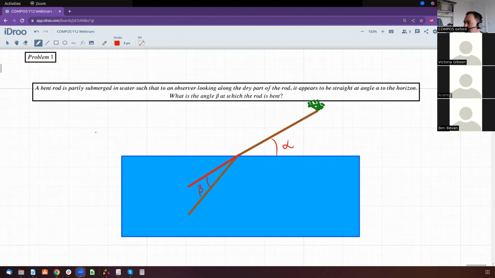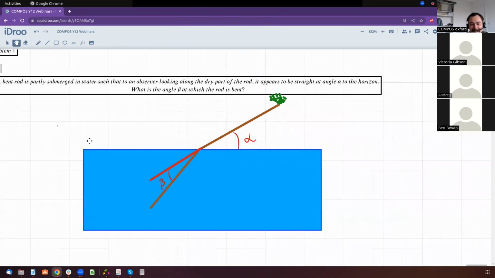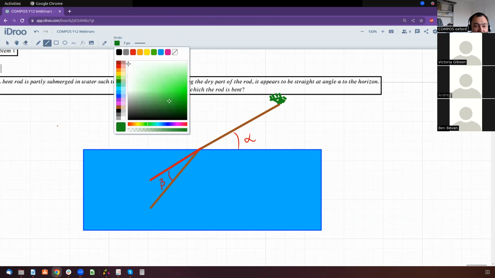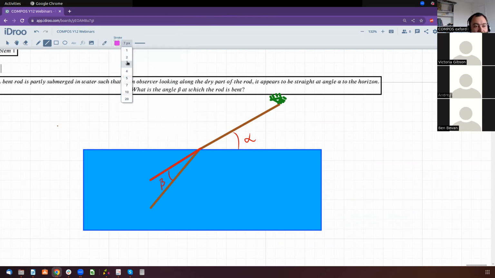Because that's sort of the hard bit here. Because we're looking along the rod, we can direct the light along the rod as well. Let's choose a pink color. The light going along the rod goes like this, and then goes into the eye of the observer.